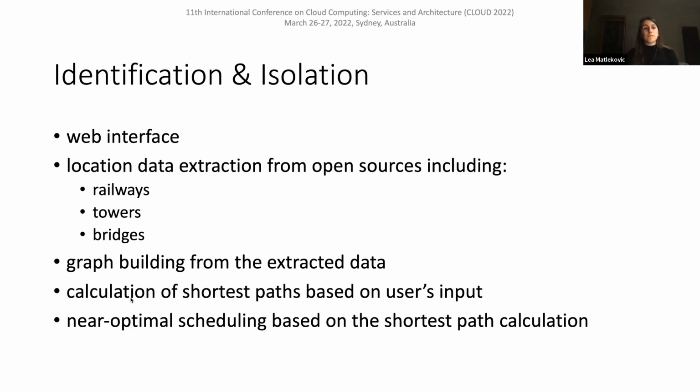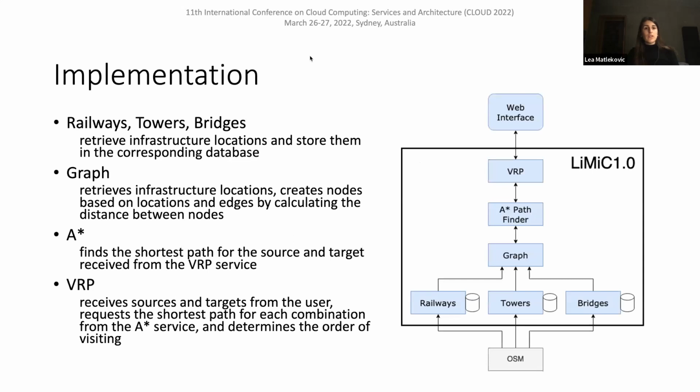But on the other side, calculation of shortest paths is used really heavily, because every time we choose towers, it calculates all the options to find the shortest path, and then scheduling determines the order, looking for the shortest paths and determining which drone will fly to which selected tower. So we decided to separate it like this and implement it in microservices.